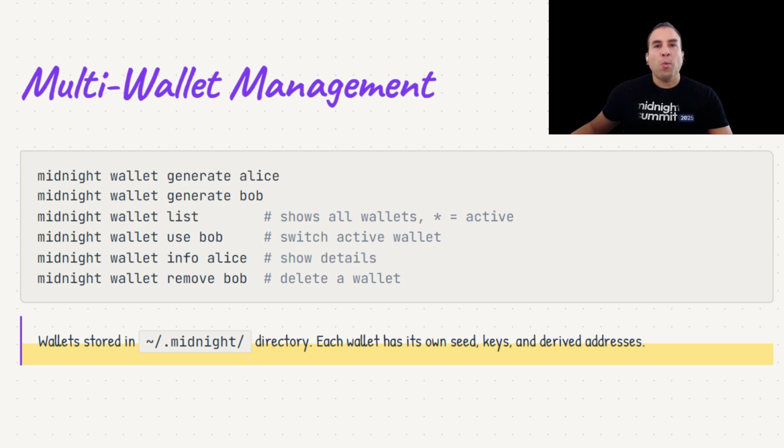When you run wallet list, you see all your wallets with a little arrow pointing at whichever one is active. And wallet info gives you the details, the address for whatever network you are on, the mnemonic phrase, the derivation path. All of these get stored in the Midnight directory on your machine. So your wallets persist between sessions. If you need to clean one up, wallet remove handles that.